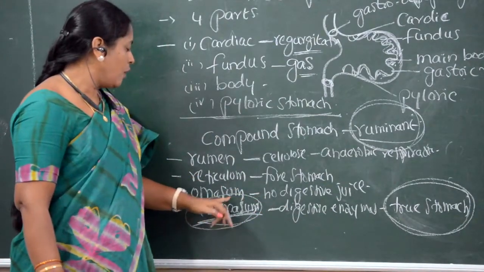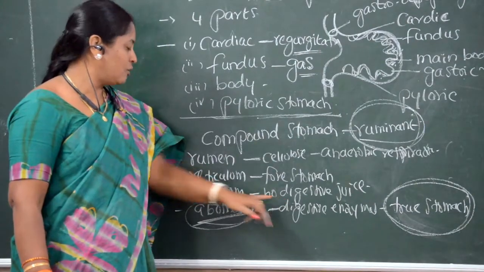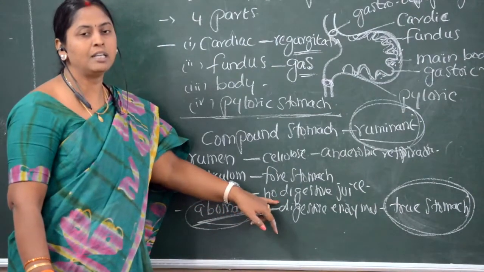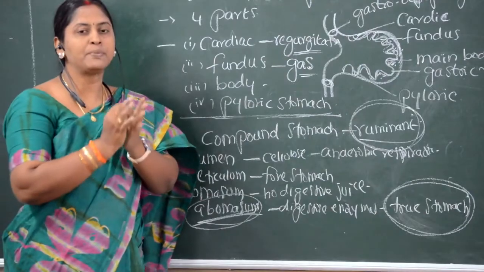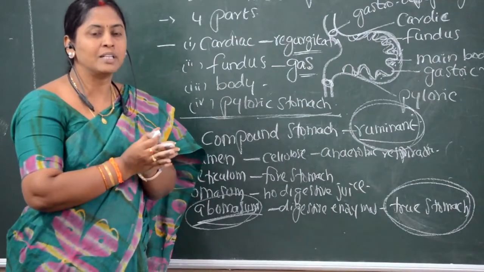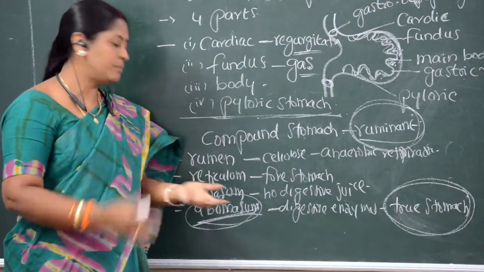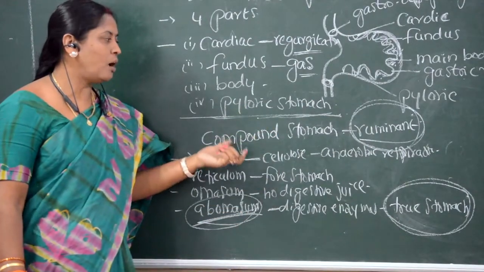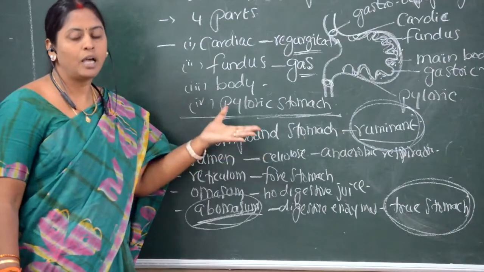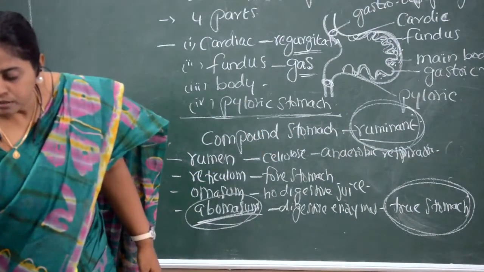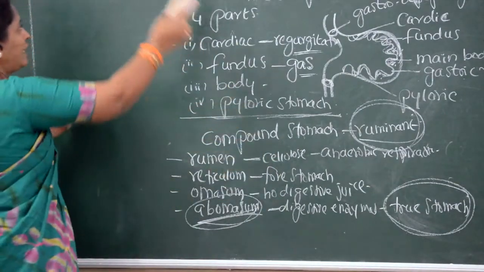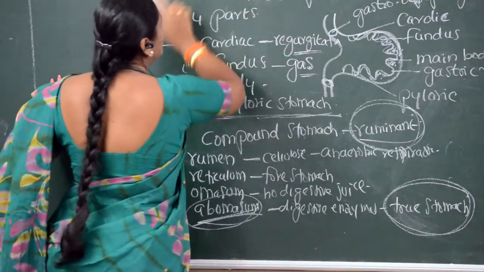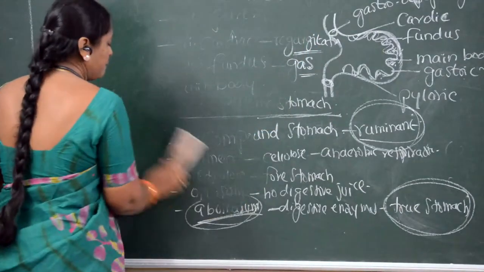Also, the omasum is absent in deserts and rabbits, that is, in some organisms the omasum is absent. This is about the compound stomach present in ruminant organisms. The next part in the human digestive system is the small intestine.